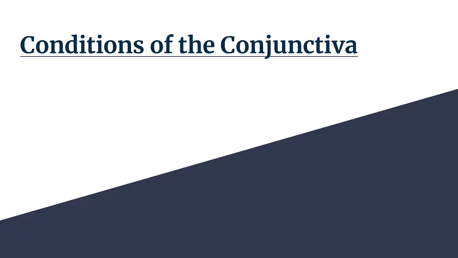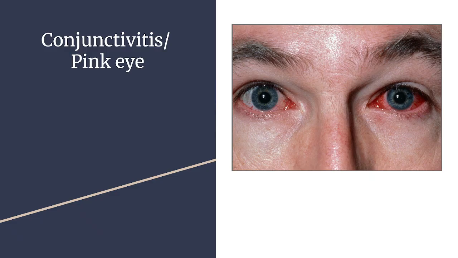Now we come to the conditions of the conjunctiva. Conjunctivitis or pink eye is redness and inflammation of the membranes, that is the conjunctiva, covering the whites of the eyes, and the membranes on the inner part of the eyelids. These membranes react to a wide range of bacteria, viruses, allergy provoking agents, irritants, and toxic agents, as well as to underlying diseases within the body.